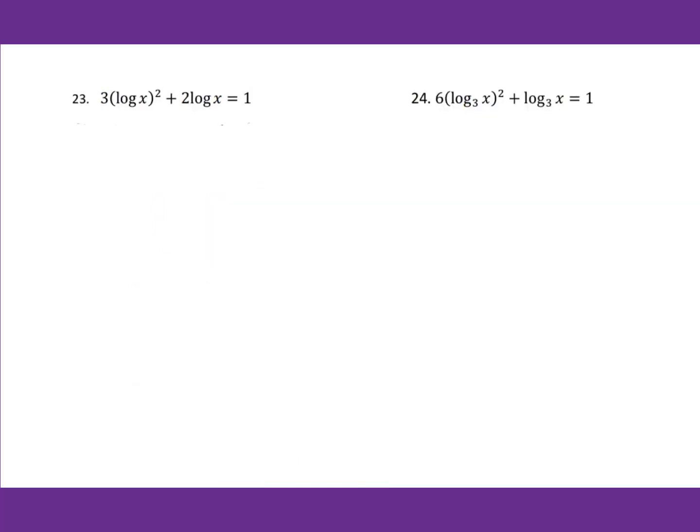Let's go to 23. For this type of log equation, we see this is a quadratic pattern. We need to get the ax squared plus bx plus c equal to 0 form.